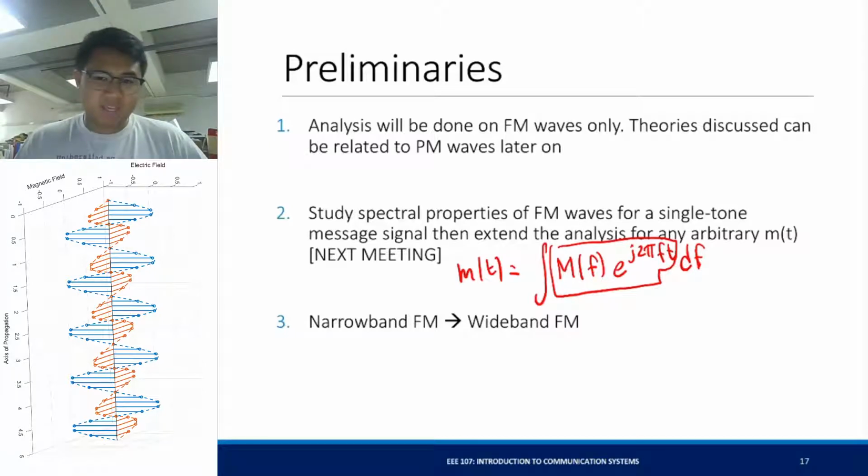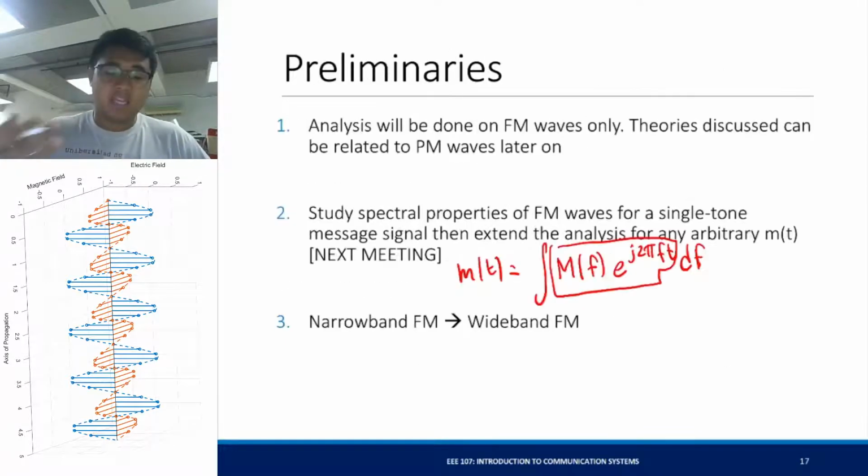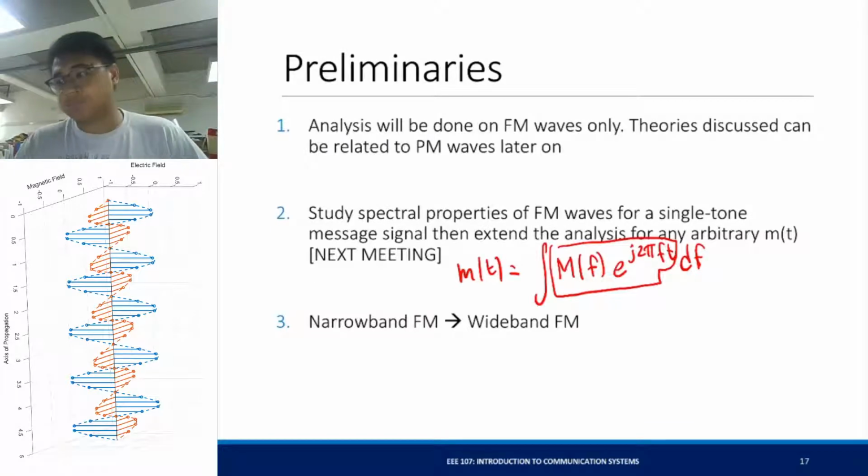So without loss of generality, we can analyze the single tone properties of FM and then extend that using this relationship between a message signal and its frequency content. And we'll first analyze the narrowband FM wave and generalize that to a wideband FM wave.